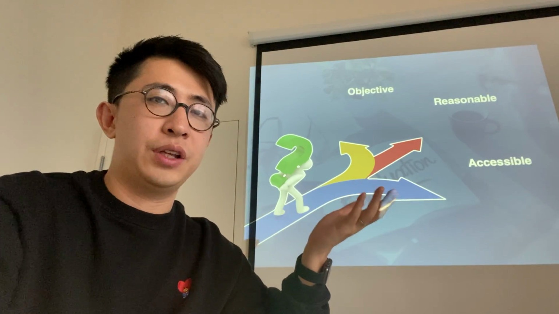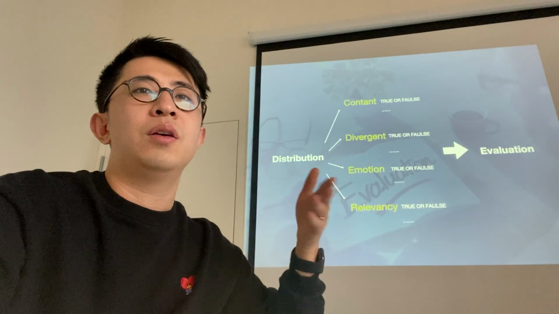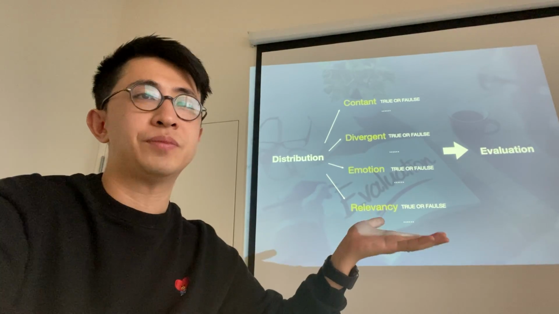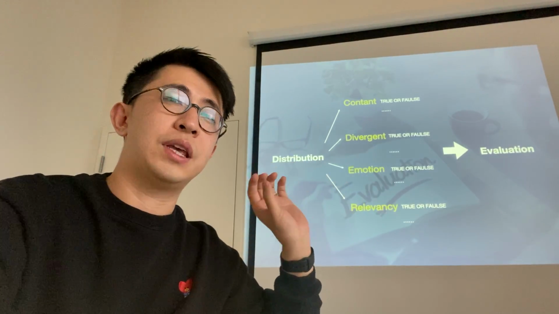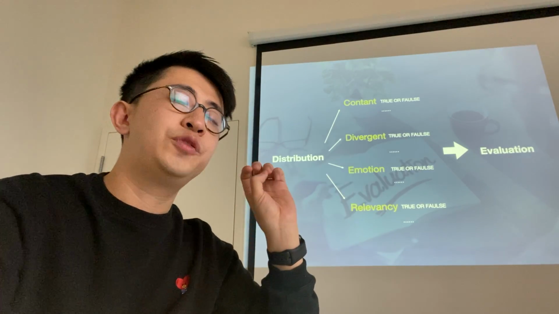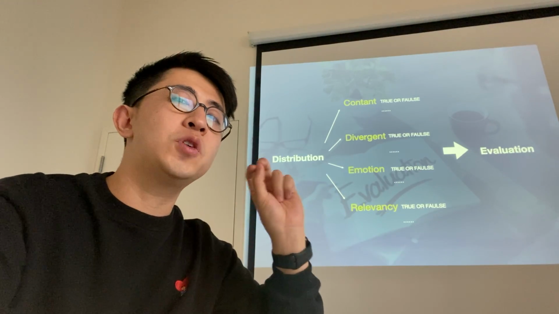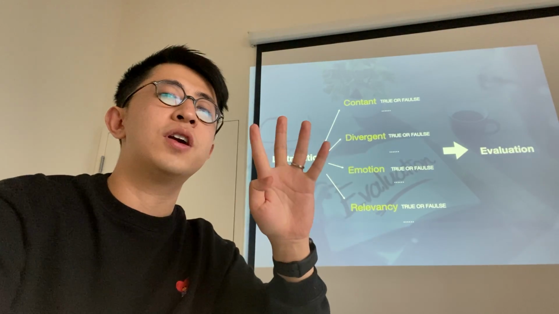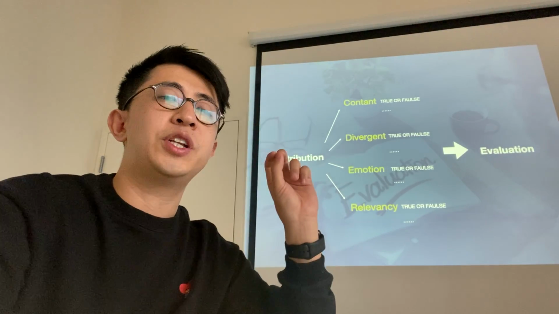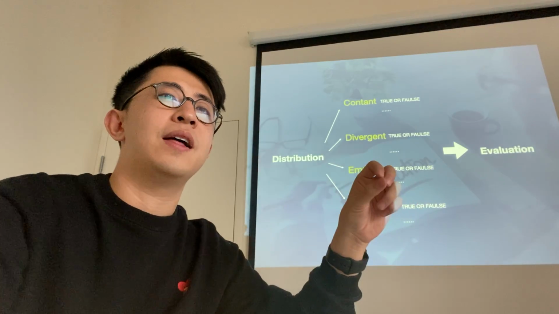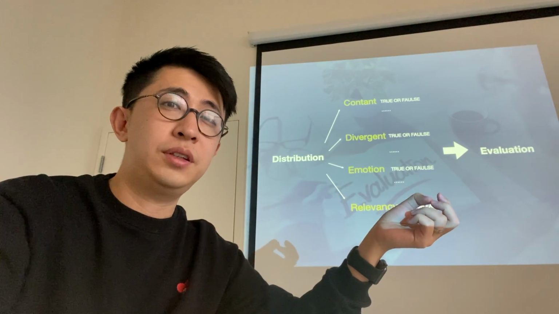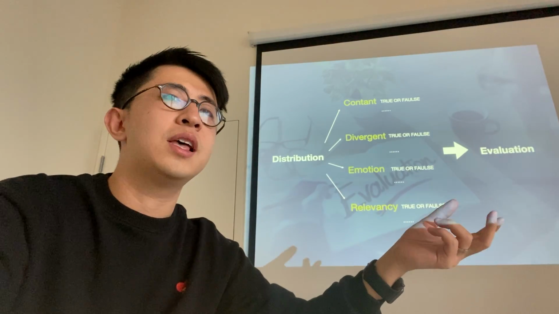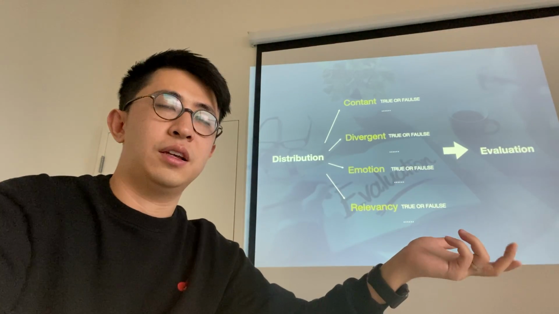So I invented a way to do the evaluation for the open domain dialogue system. The methodology distributes the evaluation into four different dimensions: the content dimension, the divergence dimension, the emotion dimension, and the relevancy dimension.